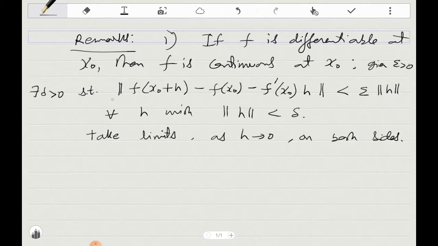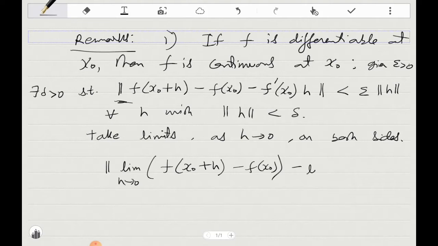Outside the norm sign, I can take it inside the norm sign: limit h going to 0 of f of x naught plus h, minus f of x naught, minus limit h going to 0 of f prime x naught h, less than or equal to epsilon times norm h.